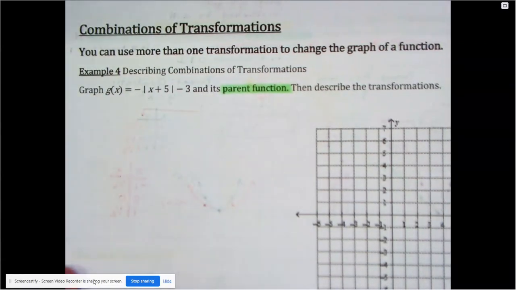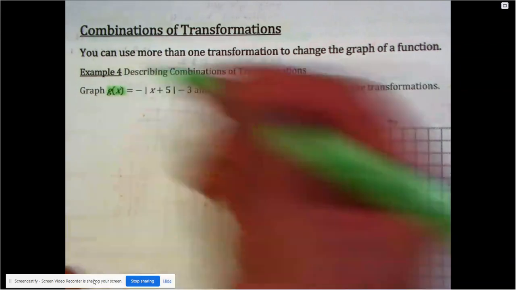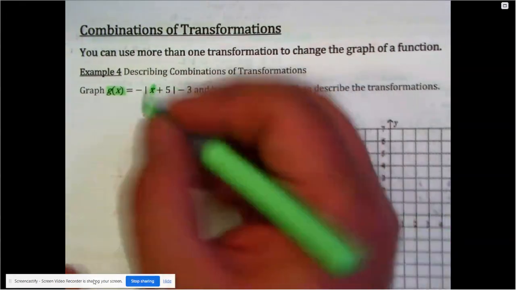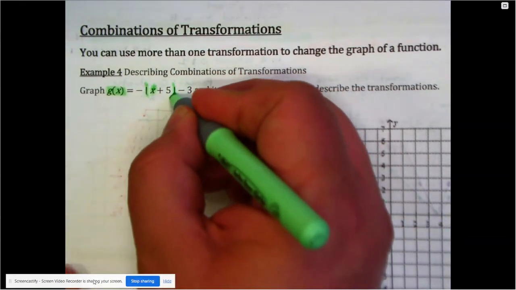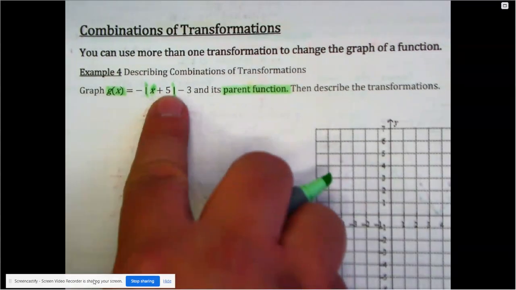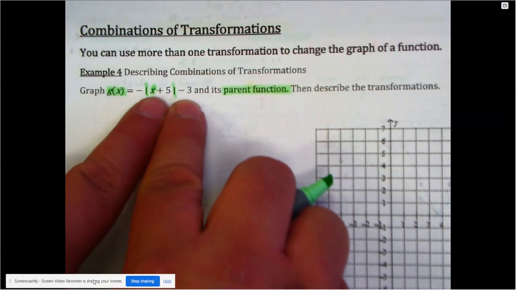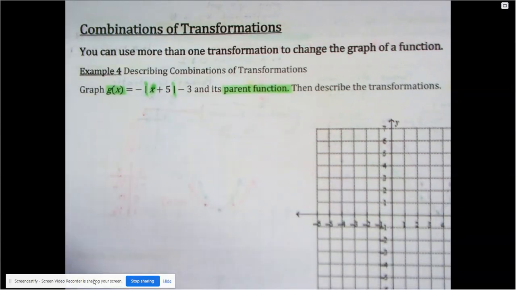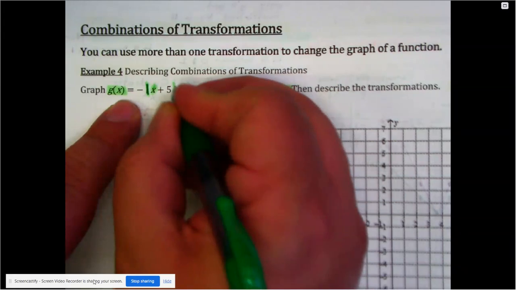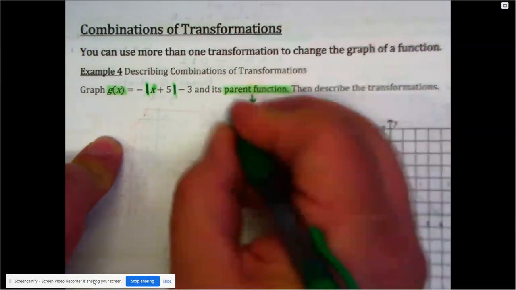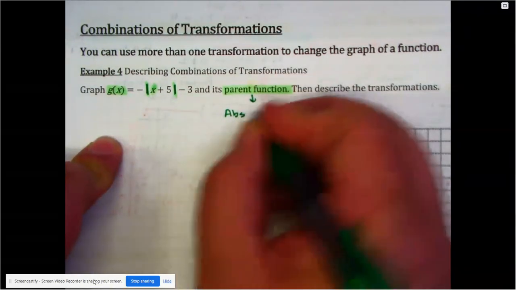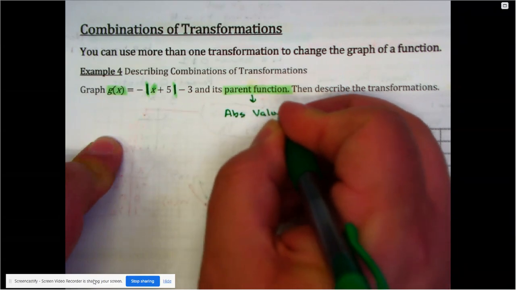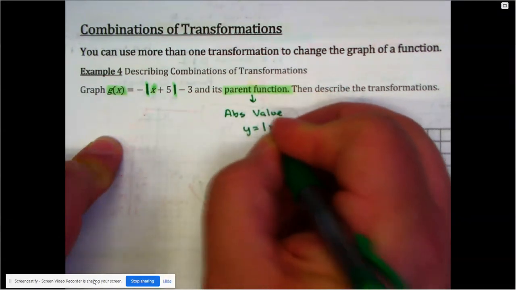Remember, to find the parent function, there's my y, there's the x, but nothing else gets highlighted. Parent functions don't have any addition or subtraction or any negatives involved. That's why my parent function is the absolute value, which is y is equal to the absolute value of x.